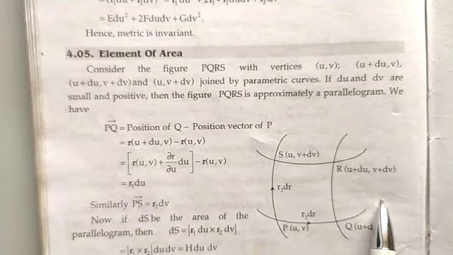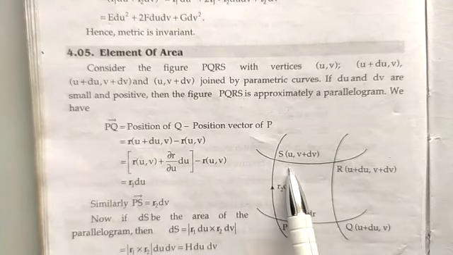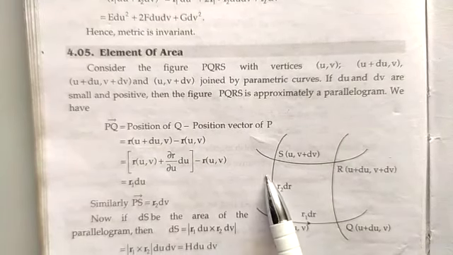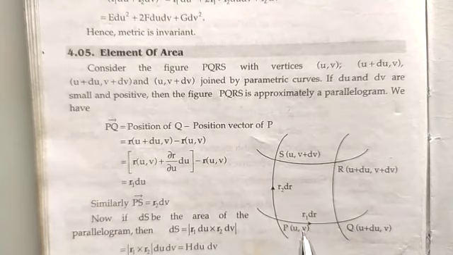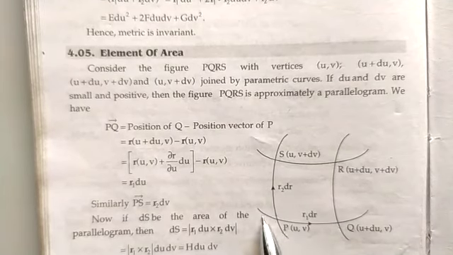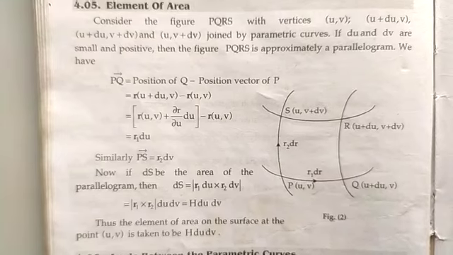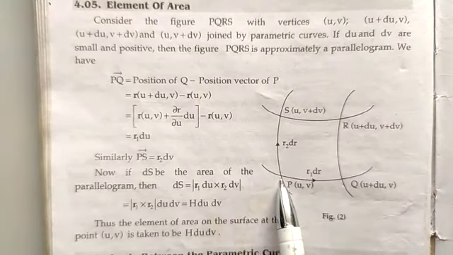Now let us find the area of this parallelogram PQRS. To find its area, we require the two adjacent sides of this parallelogram. So let us find the vector PQ and the vector PS.